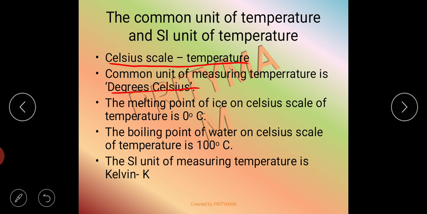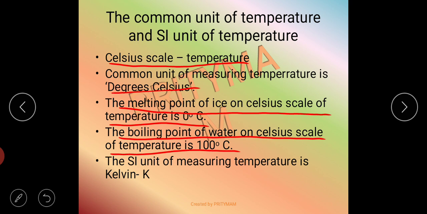The melting point of ice on the Celsius scale of temperature is 0 degrees Celsius, and the boiling point of water on the Celsius scale of temperature is 100 degrees Celsius. There is another scale of temperature also which is called the Kelvin scale of temperature, which is used by many scientists mainly for research work.